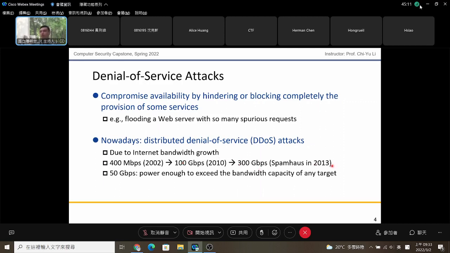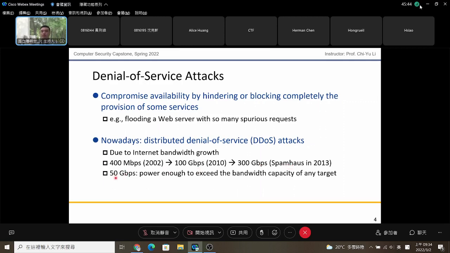In 2013, you needed to generate more than 300 gigabits per second. This is for the case of a company called Spamhaus, an international organization to track email spammers and spam related activity, a company for the anti-spam service.